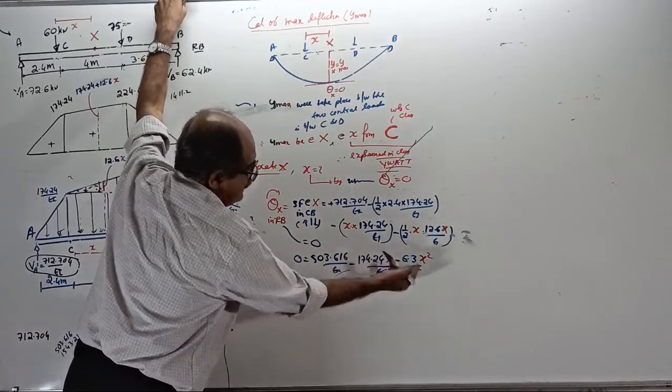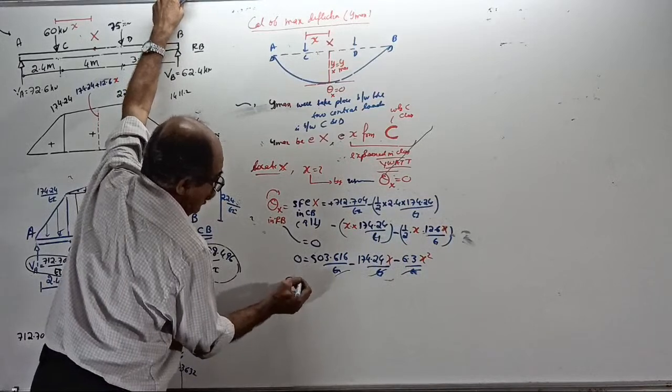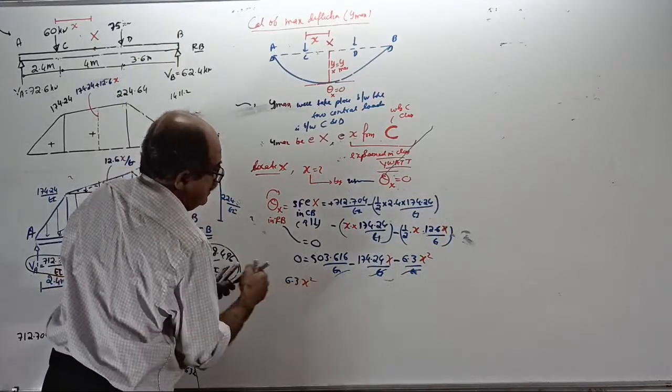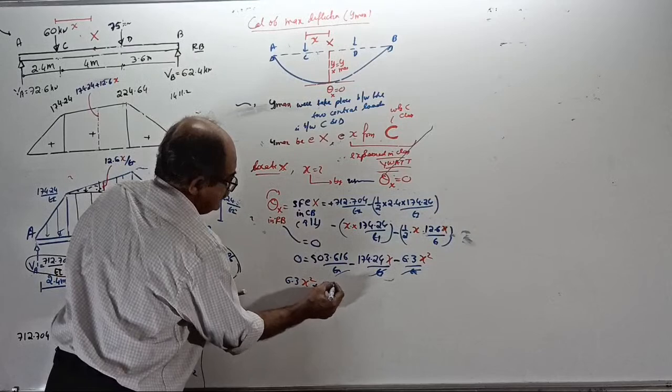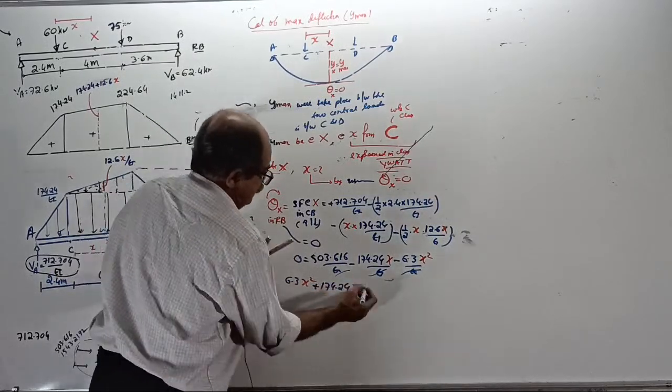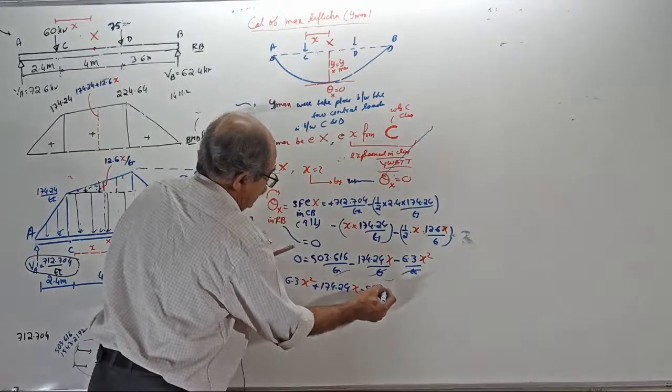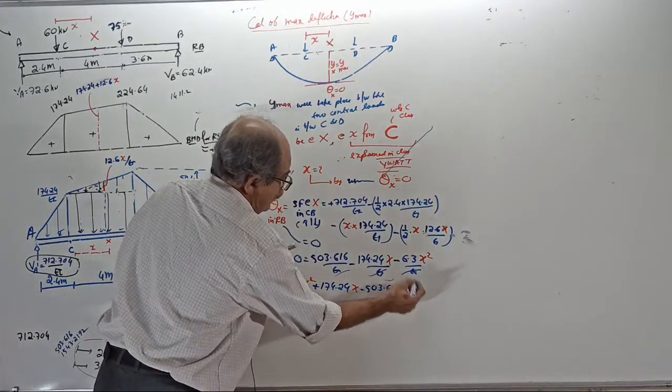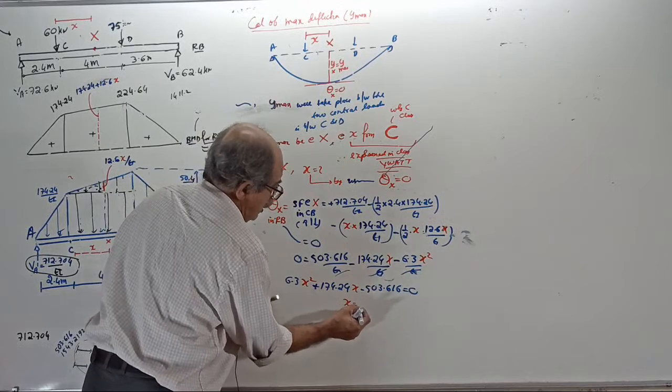Take this side. You get 6.3x square plus 174.24x minus 503.616 equal to 0. You get the value of x.